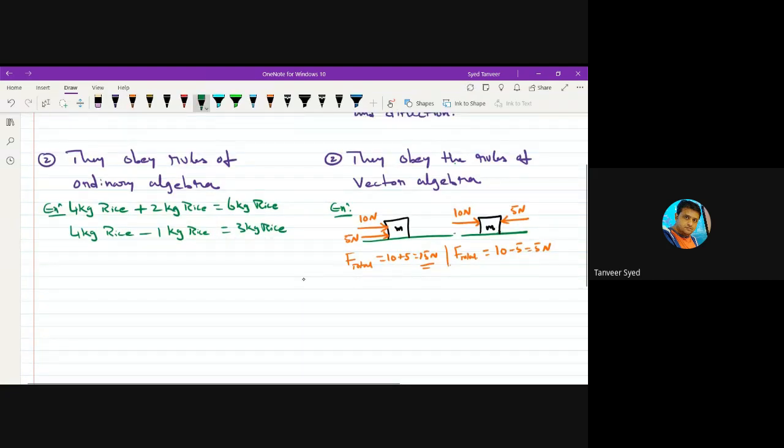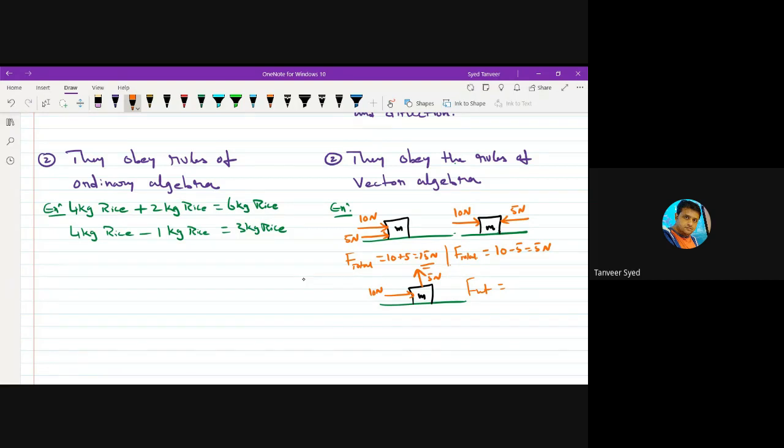This might also seem to be something familiar, but if you take this situation, same body, same 10 Newton force in this direction, the other 5 Newton force in this direction. Now, the resultant force in this situation is neither 10 plus 5 nor 10 minus 5.